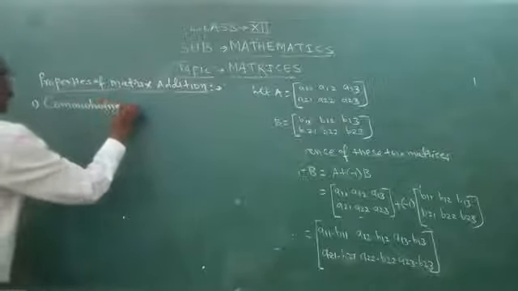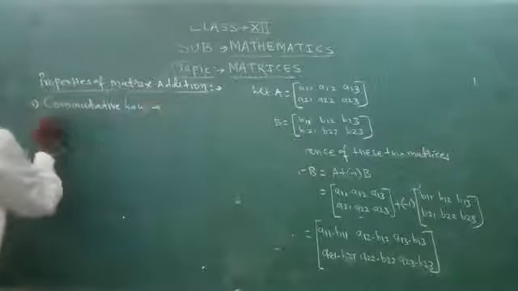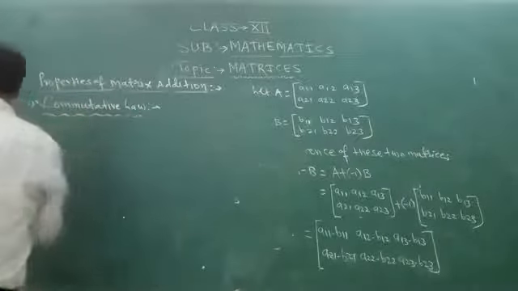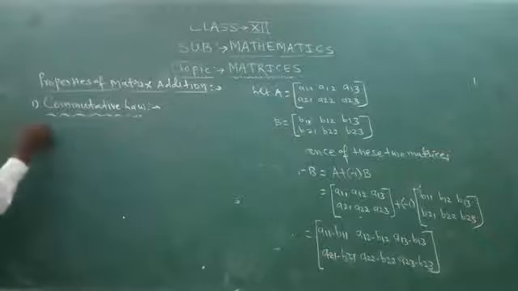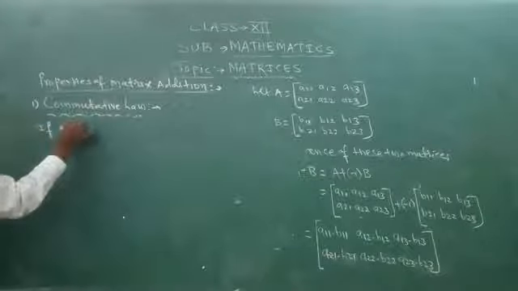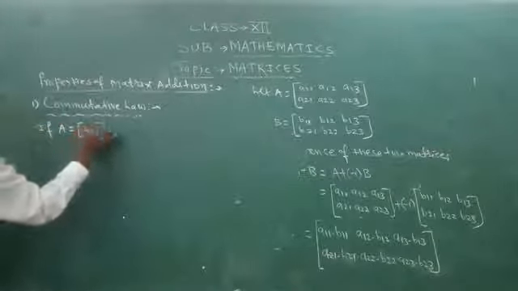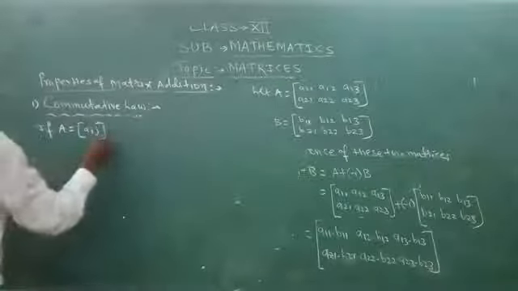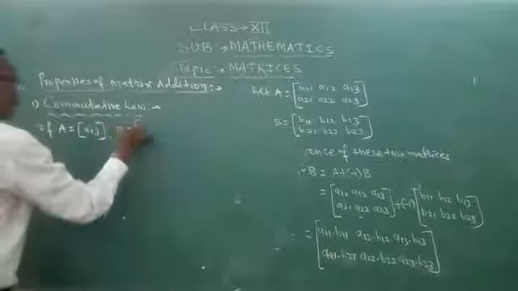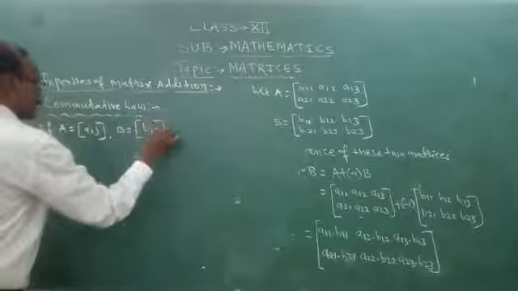Commutative law. If A is equal to Aij, of order m by n, and B is equal to Bij, of the same order.